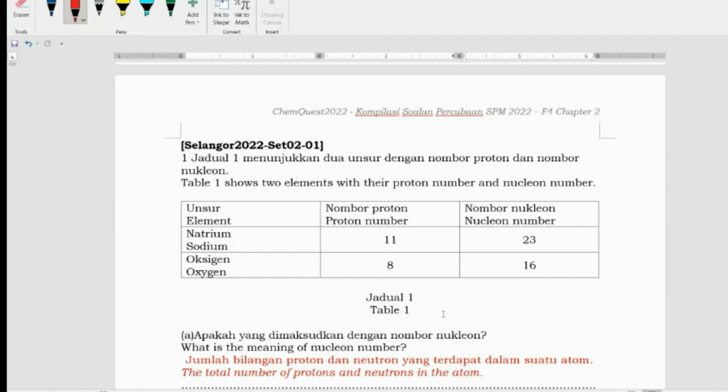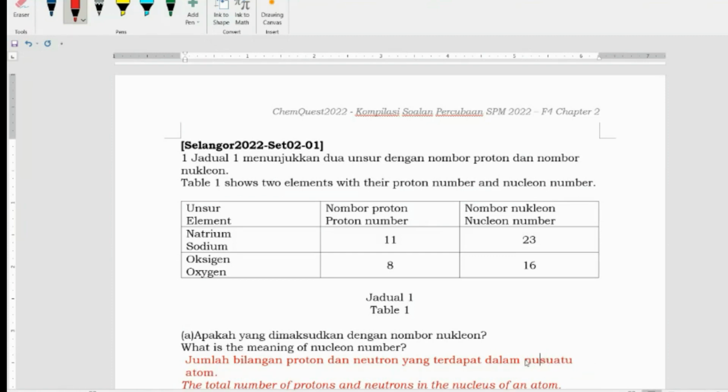Total number of protons and neutrons in the nucleus.